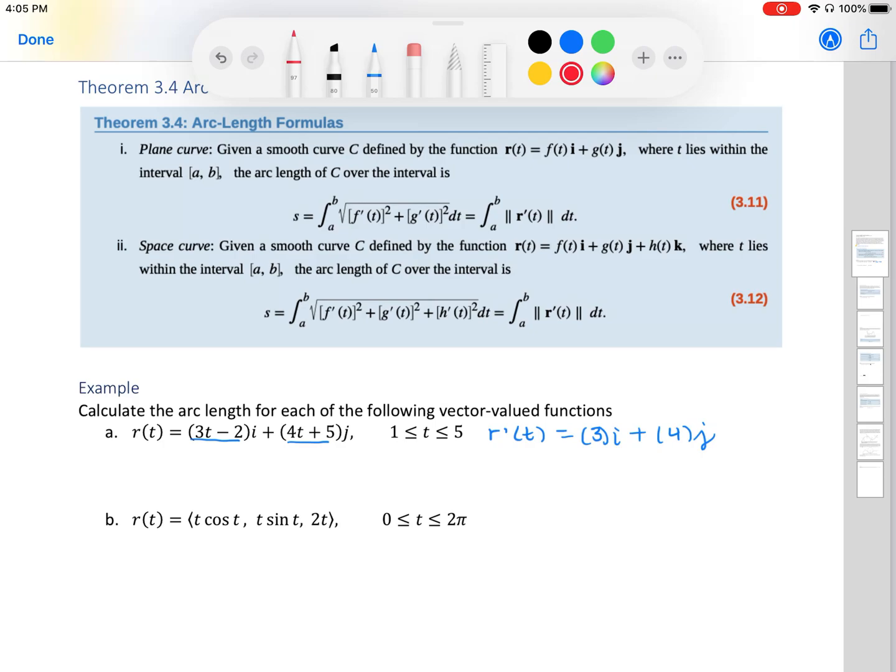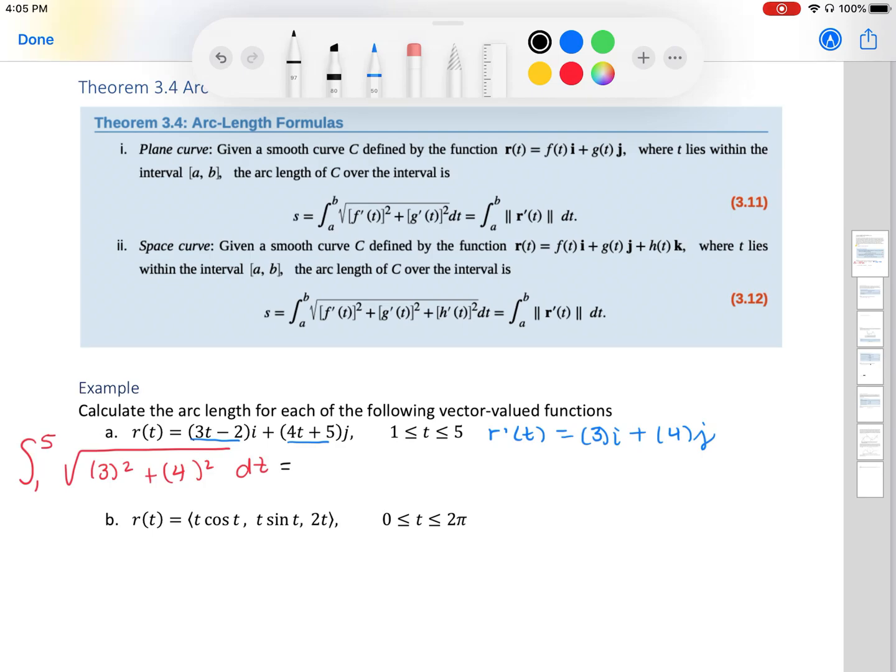Then we apply the definition: the integral from 1 to 5 of the square root of 3 squared plus 4 squared dt. This is not so bad. We don't have a variable to work with, we're working with constants.